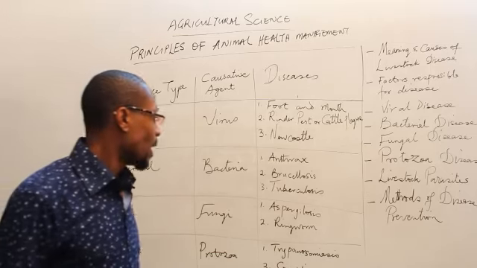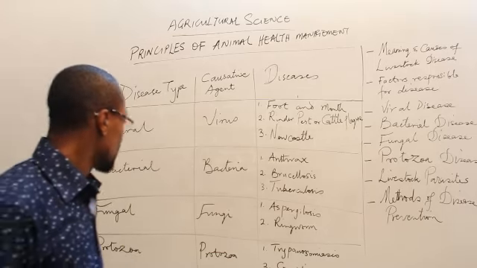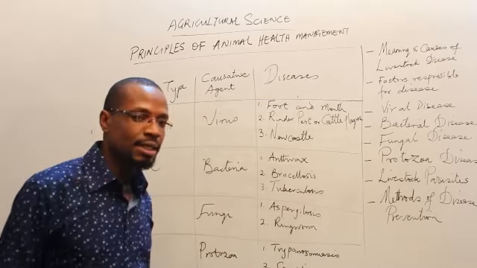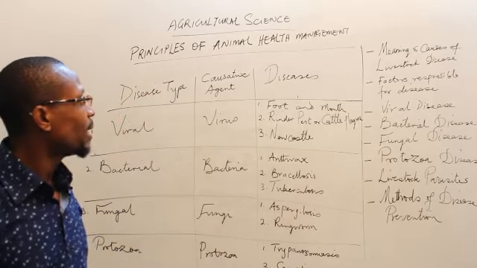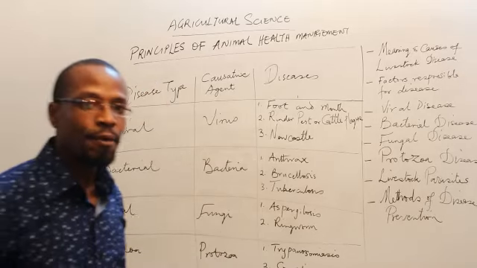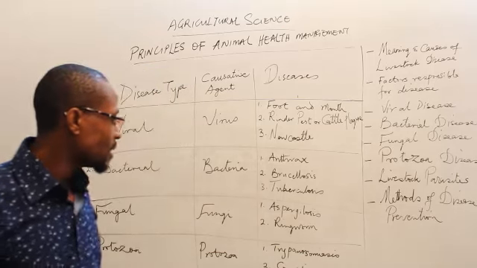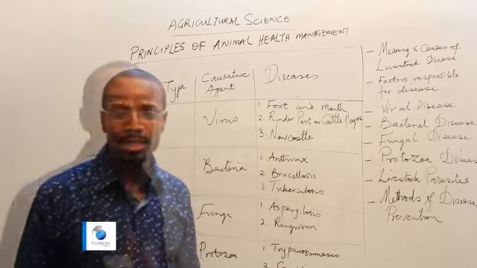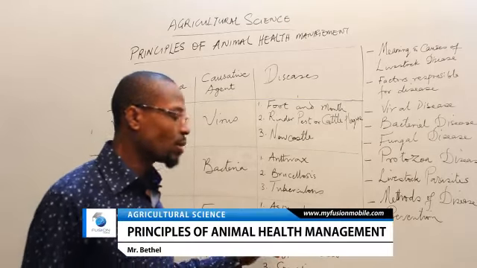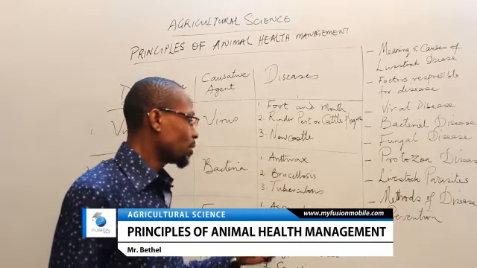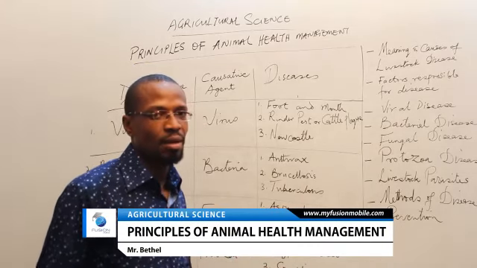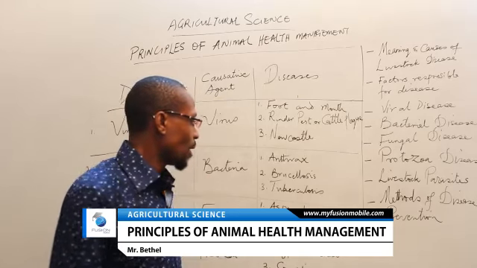Now, the next on our list is fungal diseases caused by the agent fungi. The first is aspergillosis, and the second is ringworm. Both diseases are a little bit similar.